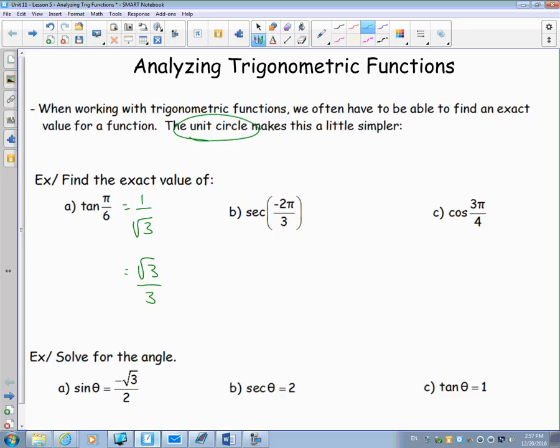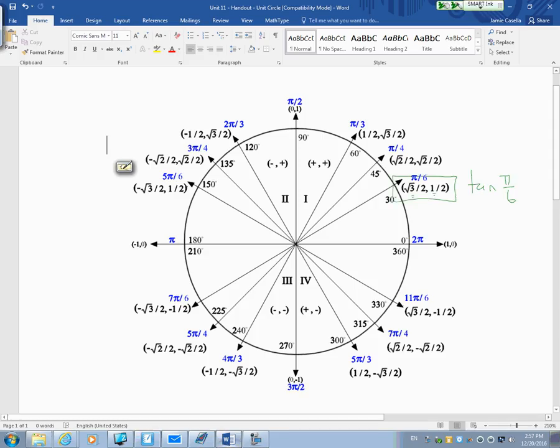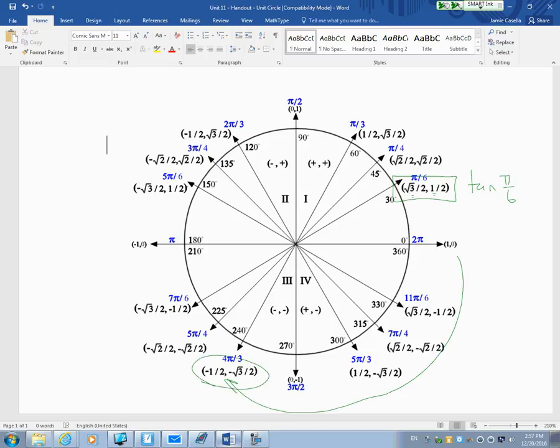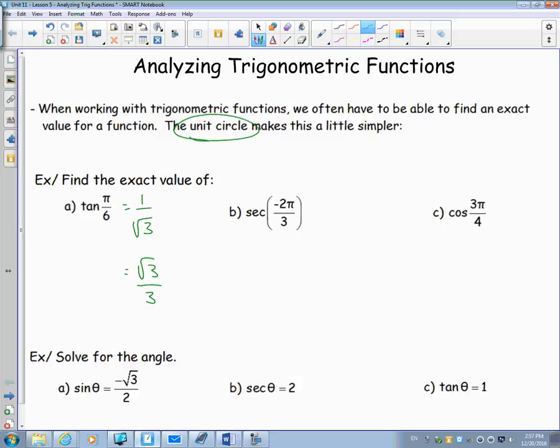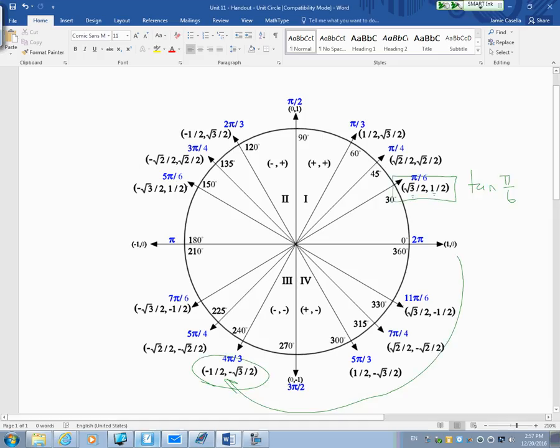Secant of negative 2 pi over 3. The fact that it's negative means we have to go backwards. We have to go backwards 2 pi over 3. Going backwards, this is 1 pi over 3, and a second pi over 3. So I'm looking at this one. It was a secant question. We know secant is the reciprocal of cos, so secant is 1 over cos.